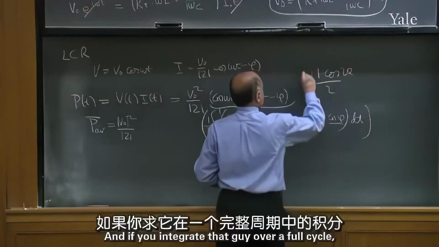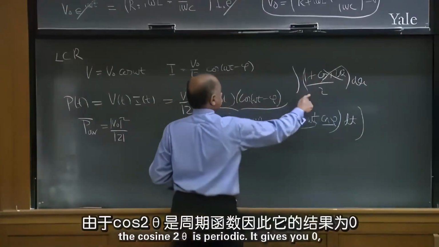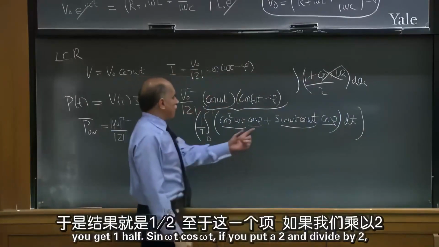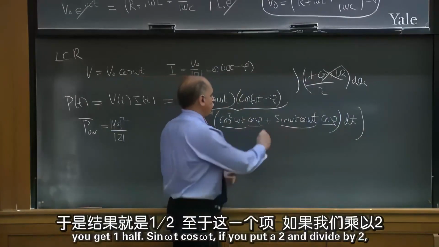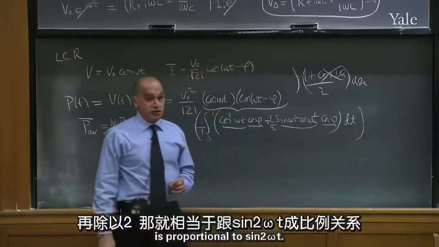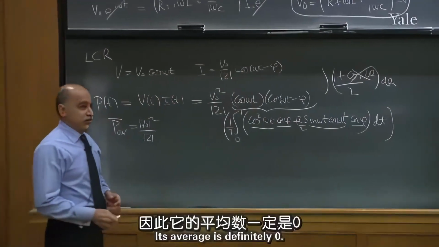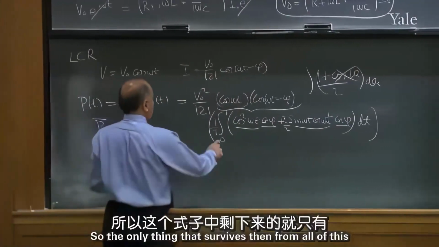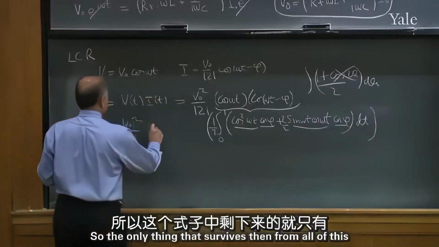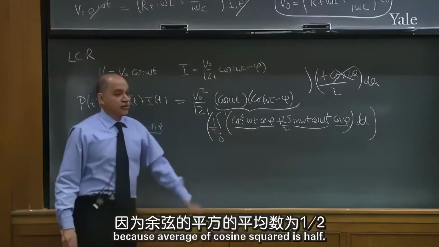And if you integrate that over a full cycle, the cosine 2 theta is periodic, gives you 0, you get a half. Sine omega t cos omega t, if you put a 2 and divide by 2, is proportional to sine 2 omega t. That completes 2 cycles in one period. Its average is definitely 0. So the only thing that survives from all of this is the cosine phi term and the 1 over 2, because the average of cosine squared is half.